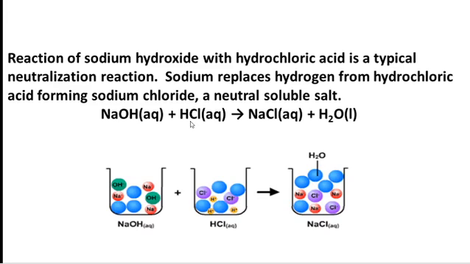A reaction of sodium hydroxide with hydrochloric acid is a typical neutralization reaction. This is also one of the neutralization reactions. Reaction of sodium hydroxide, NaOH, with hydrochloric acid, HCl.